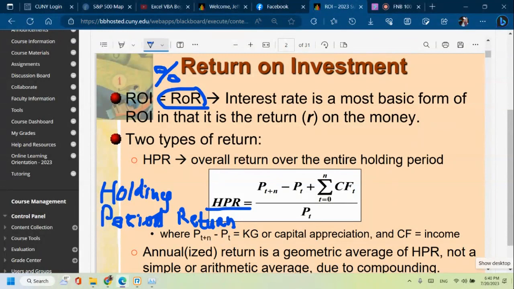When the banks have $1 billion in deposits, that's a liability, because they owe it to the depositors, but they have to use this money to make money. So they loan it out: car loans, home mortgage loans, commercial loans, commercial property loans, real estate.